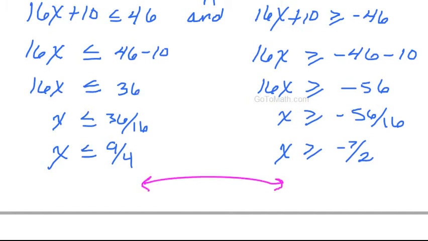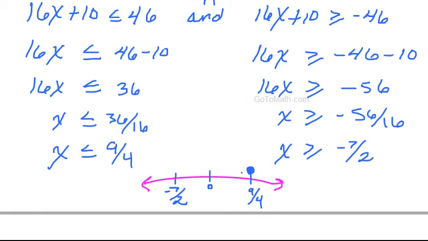We got x is less than or equal to 9/4, so we'll put 9/4 right here. 0 is somewhere about here, we'll just say, and then we'll say negative 7 halves is here. Now remember, we look at this one here, we include 9/4, so we want to put a solid dot.